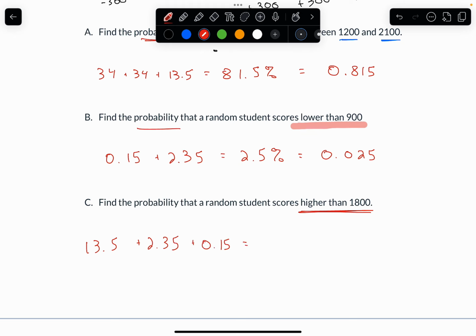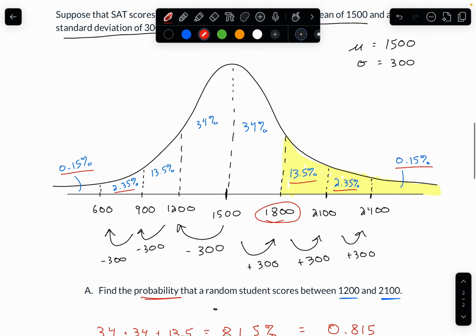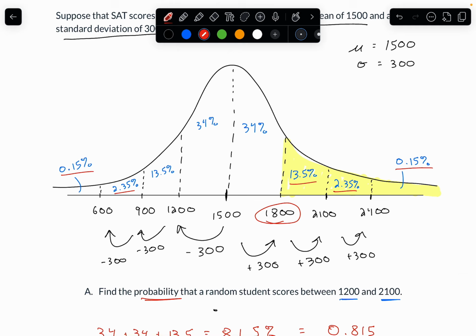Again, I'm going to grab my calculator here. 13.5 plus 2.35 plus 0.15 gives me 16%, or if we wanted a probability, that would be 0.16. So the empirical rule makes these types of problems really, really nice as long as you have this picture here. So take a second just to draw out this picture.